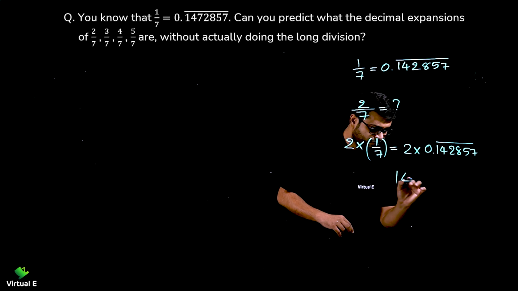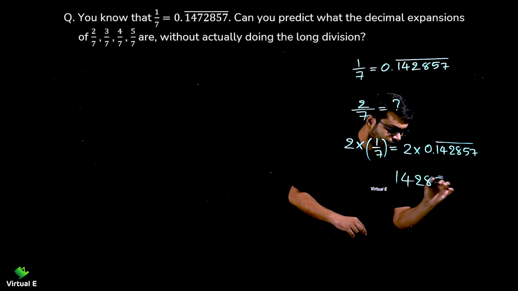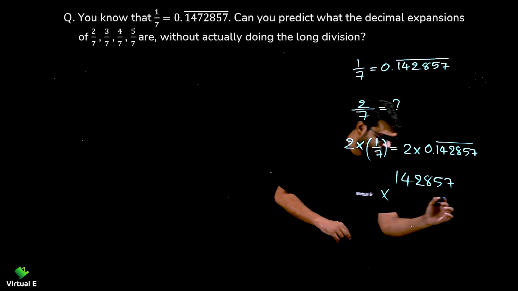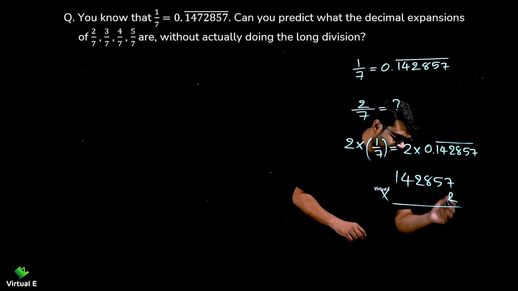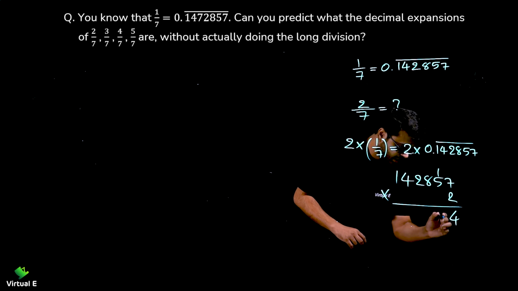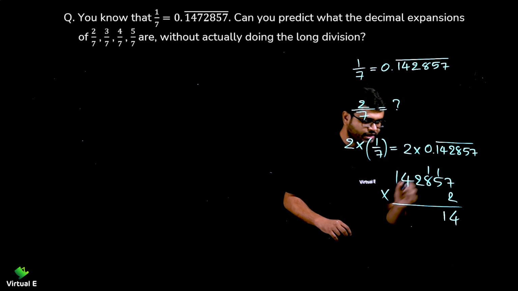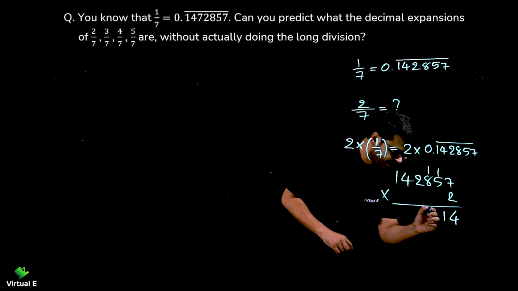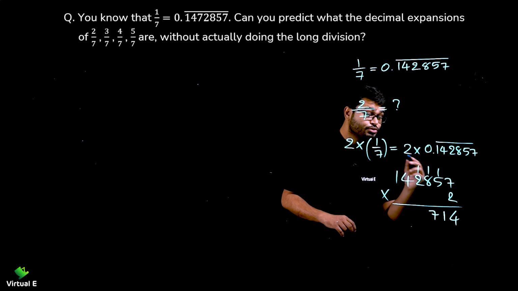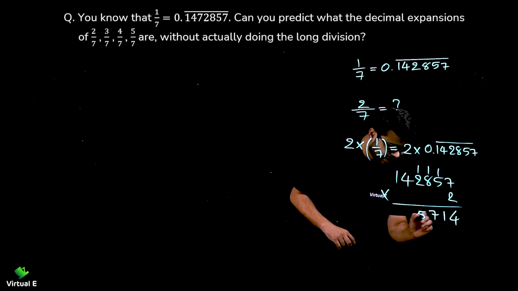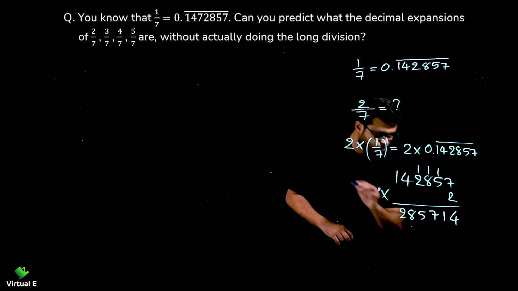So let's multiply 142,857 multiply by 2. Very simple. 7 2s are 14, 4 carry over 1, 5 2s are 10 plus 1, 11, 1 and carry over 1, 8 2s are 16 plus 1, 17, 7 carry over 1, 2 2s are 4 plus 1, that's 5, 4 2s are 8 and 2 over here.